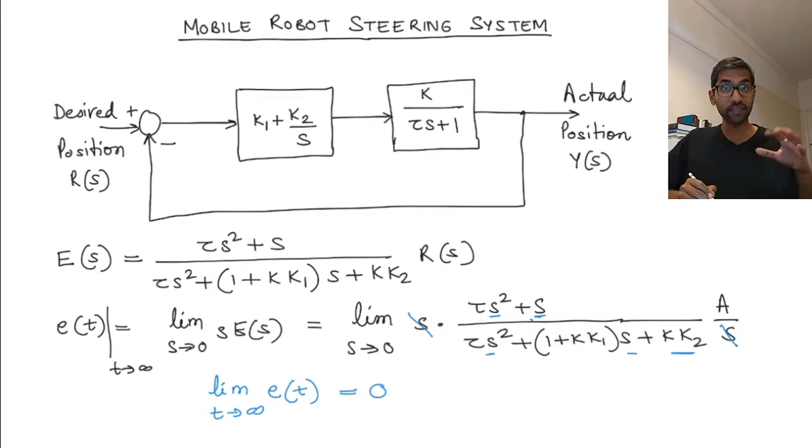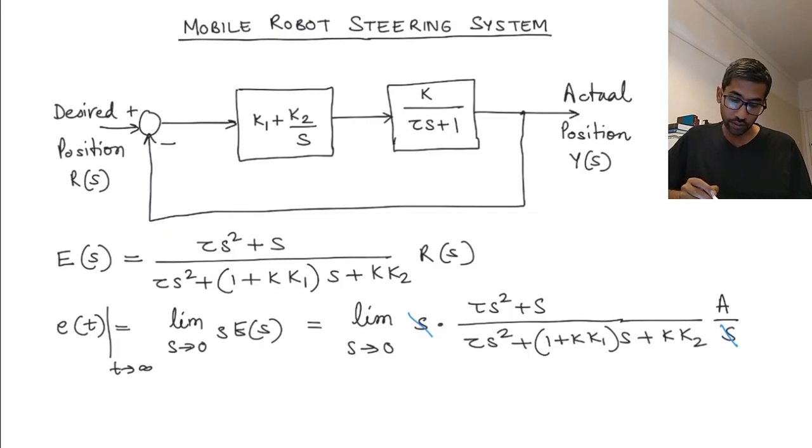Now, that's for a step input. Let me erase this, and let's take a look at what happens when you have a ramp input. A ramp input is given by A over s squared. So you have one cancellation here, and the s here also cancels. So you get a 1 here.